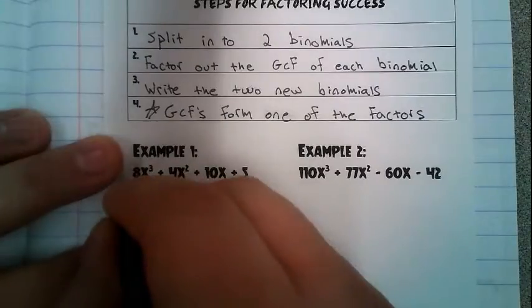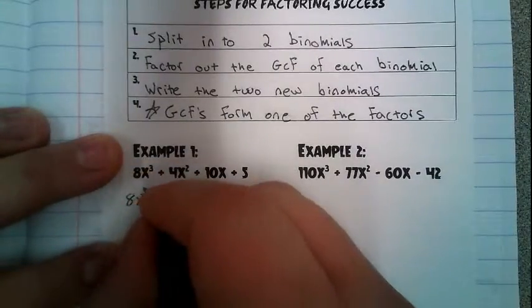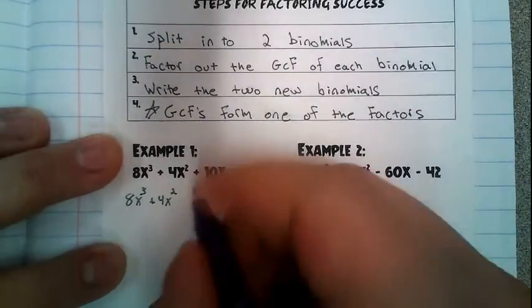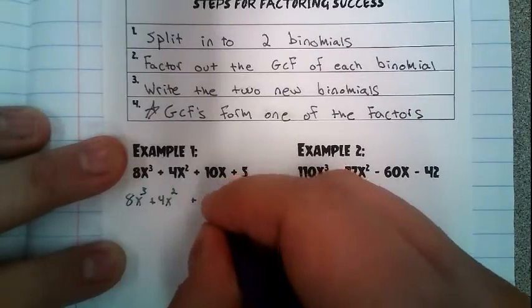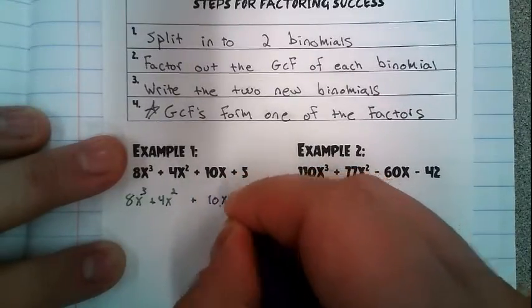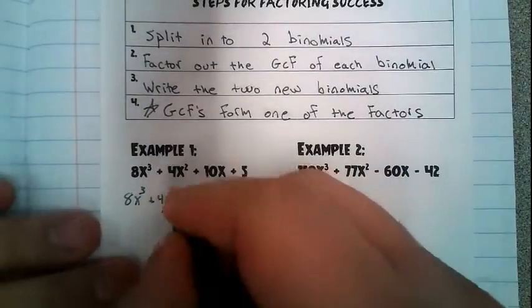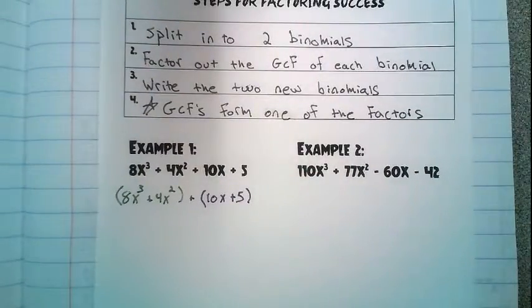First I have 8x cubed plus 4x squared, and then I'm adding 10x plus 5. Let's put those in parentheses to show that they're their own binomial.